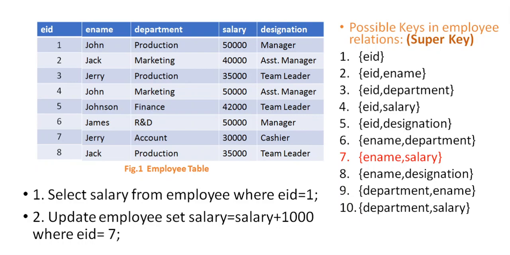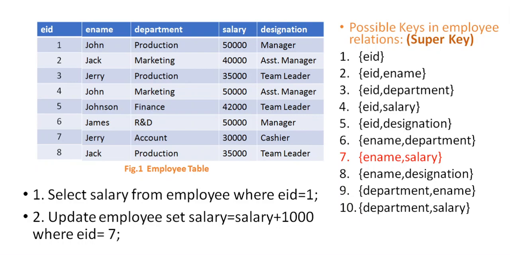If you look at all the combinations of departments and salaries, you will come to know that all these combinations are different. So department and salary can be a key. If you take production, salary 50,000, another combination is production, salary 35,000. So department and salary can be a key for this data.